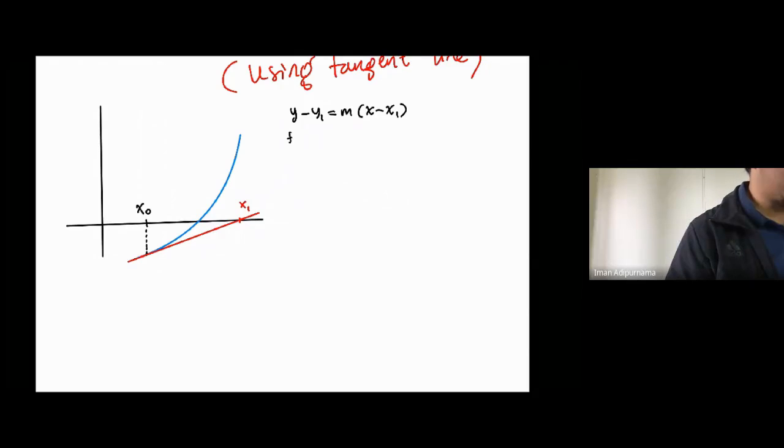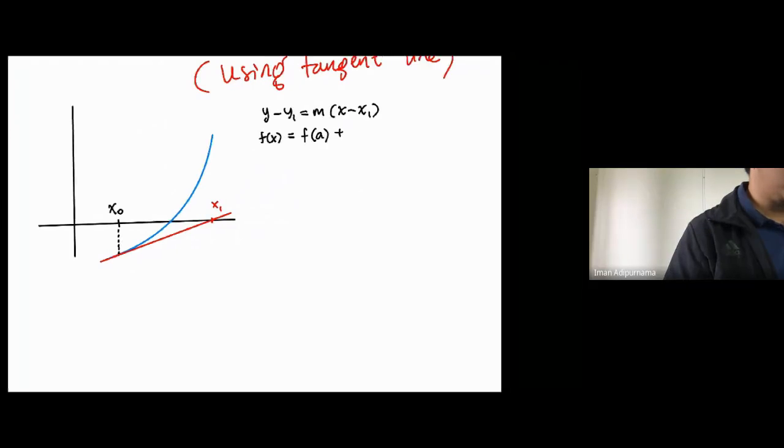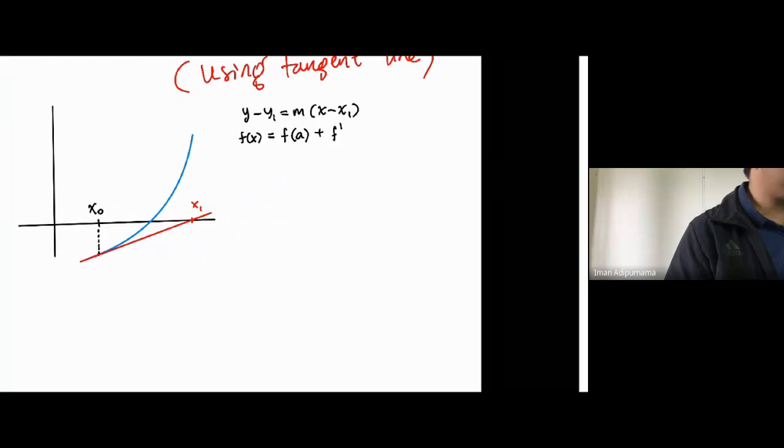Let's say y is our f of x. y1 is, let's say, f of some a, plus the gradient, which is f prime at a, times x, which we can say is delta, or just x minus x1.